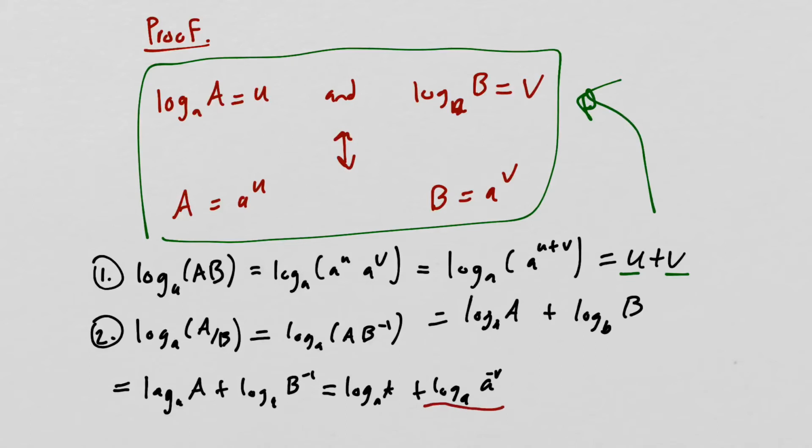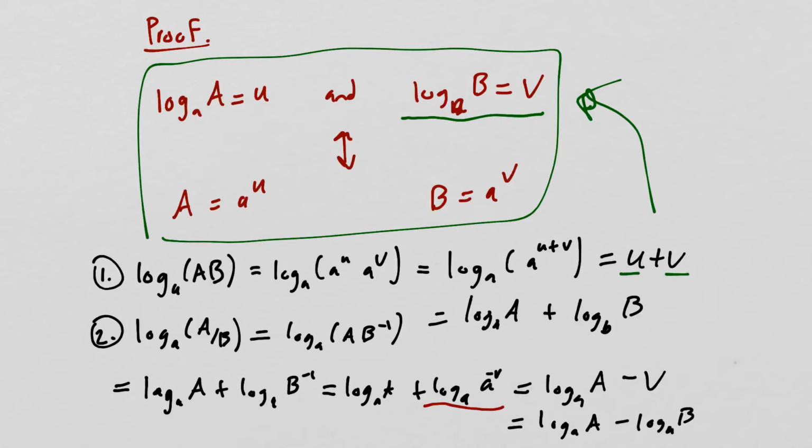Again, in this term here, since the log base a and a raised to some number are inverses of each other, this is going to be equal to the log base a evaluated at A minus v. V, again, from this upper piece we know is the log base a evaluated at B. So we get that this is equal to the log base a of A minus the log base a of B. So that's the end of number 2.